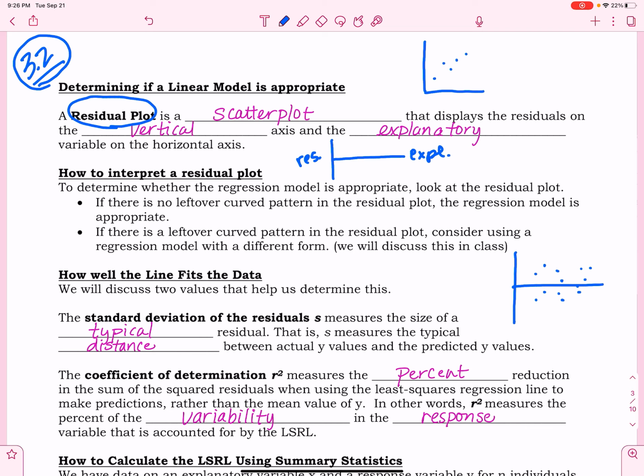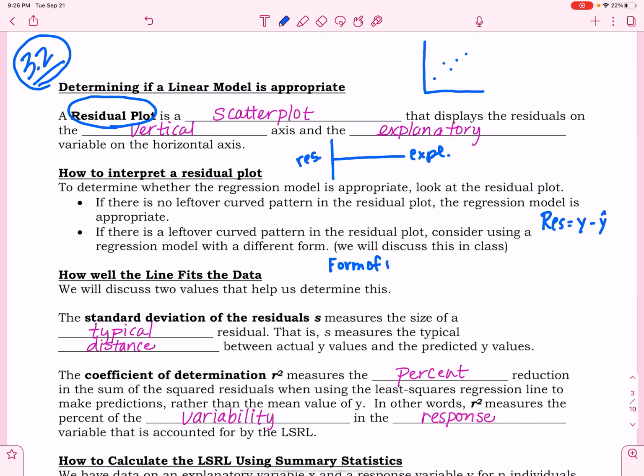And you may be asking, well, why does that matter? Well, if you'll think about how we come about a residual, we take the actual y value and we subtract the predicted y from it. So you need to think of it this way. Let's think of the form of our residual.